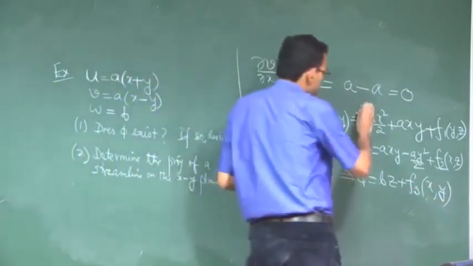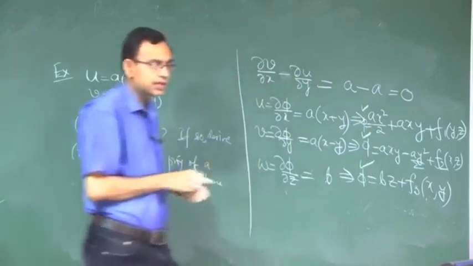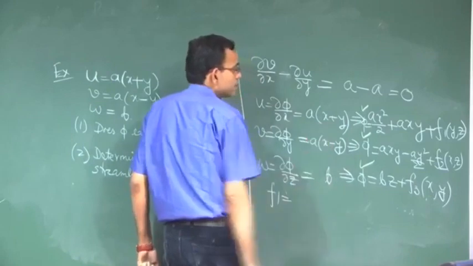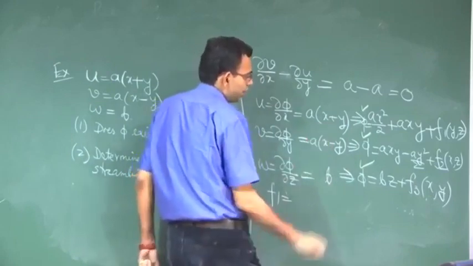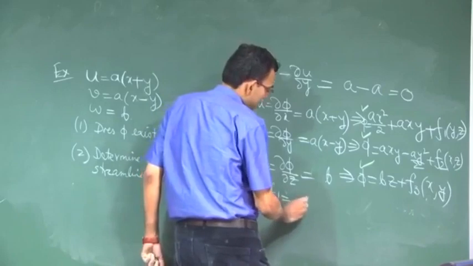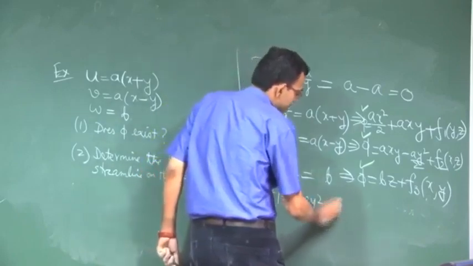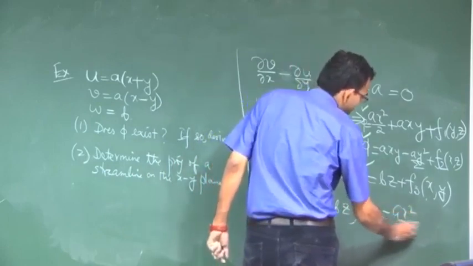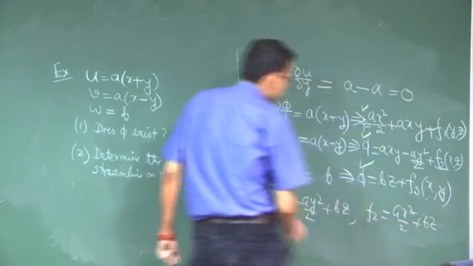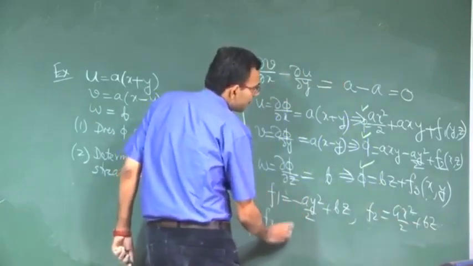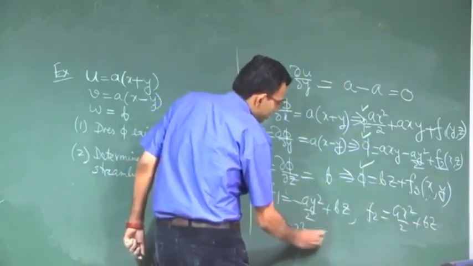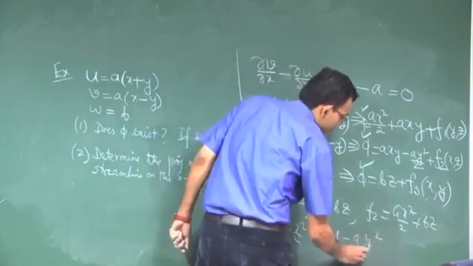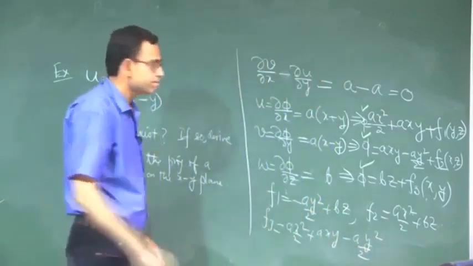Now, these three are essentially representations of the same function. So, if you compare this, you will get f1 is equal to what? Minus ay square by 2 plus bz. f2 is ax square by 2 plus bz, and f3 is ax square by 2 plus axy minus ay square by 2.